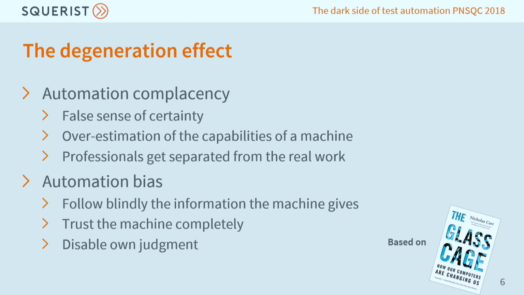To give an example of this automation complacency, I was at this organization. I'm working as a consultant, and I was there for a commercial interview, and they said, we don't think we need a test automation consultant. We have got this great set of 300 test cases running automatically every day. How cool is that?